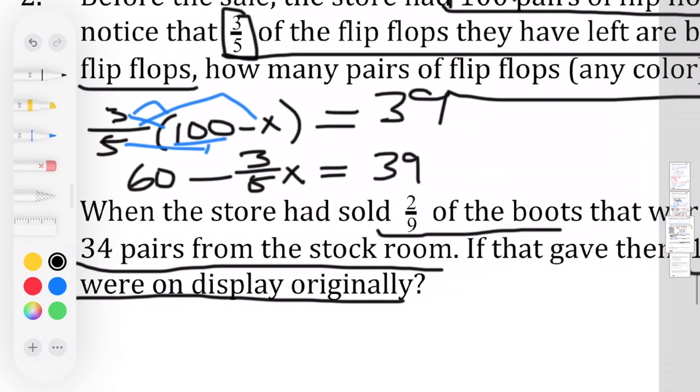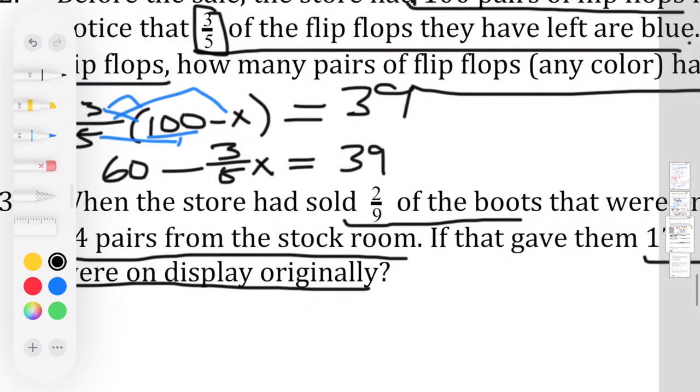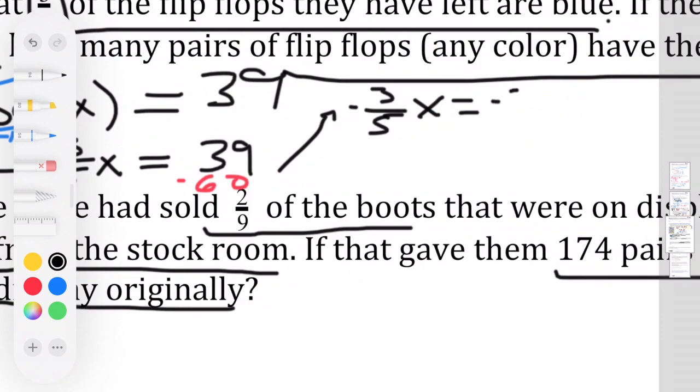Then when I come over here, I'm going to actually bump this up for us. I'm going to subtract this 60 first. So I end up with negative 3/5 x, and 39 minus 60 gives me a negative 21. Well, I'm going to have to divide both sides by a negative 3/5.